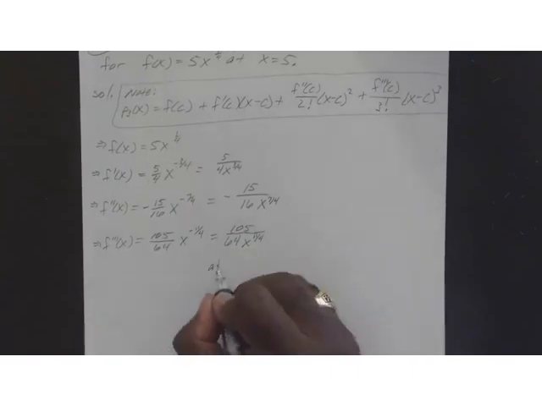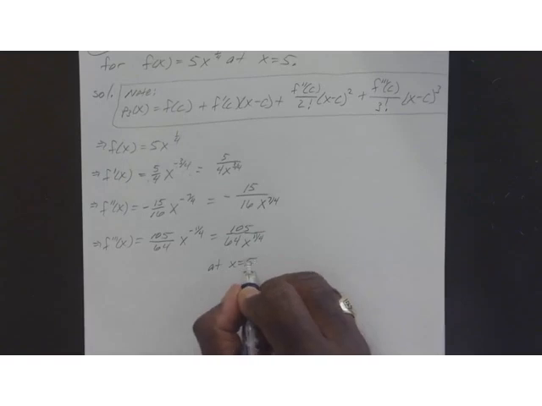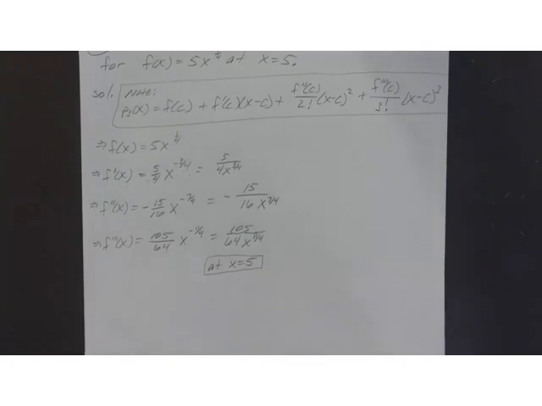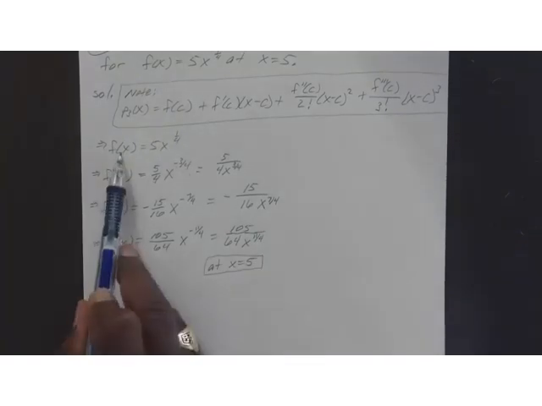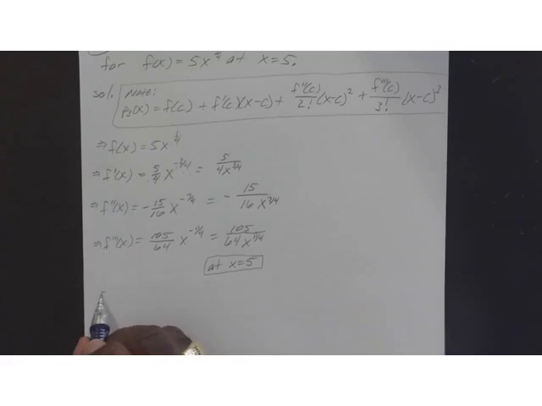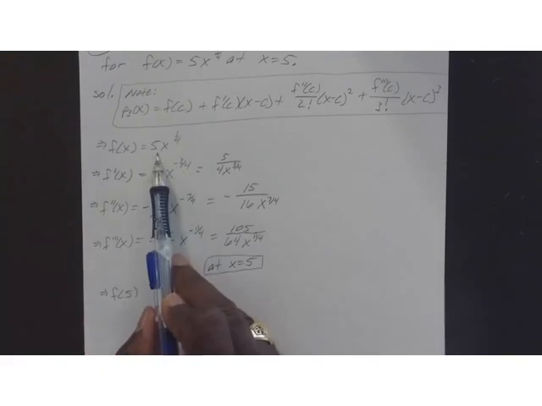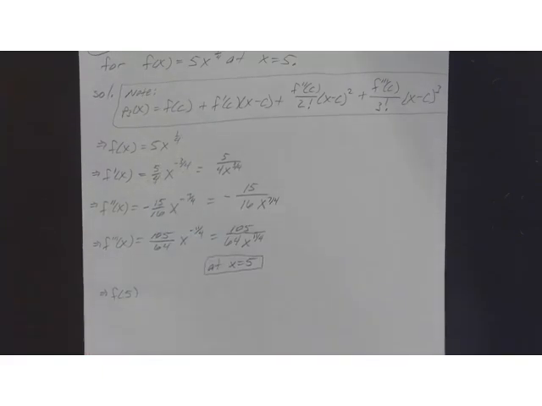Now at x equals 5, that means our f of 5 is just 5 times 5 to the 1/4 power.